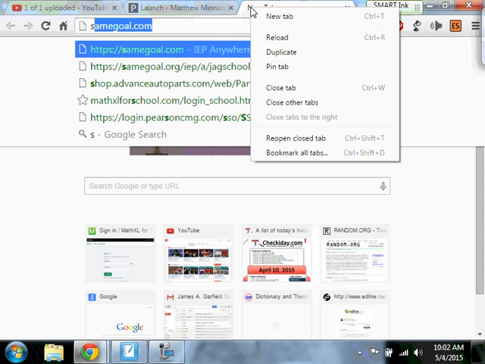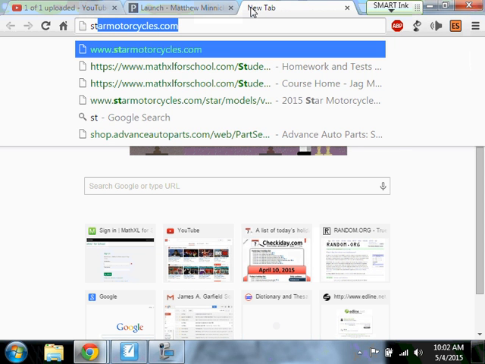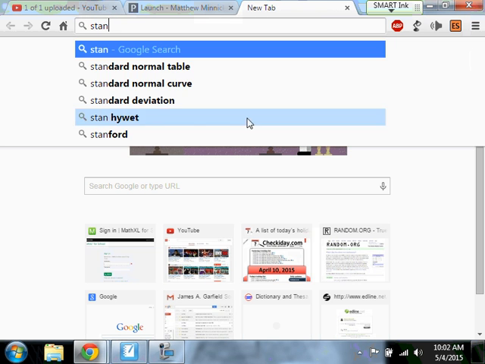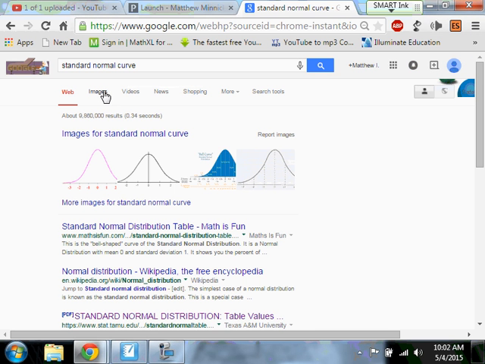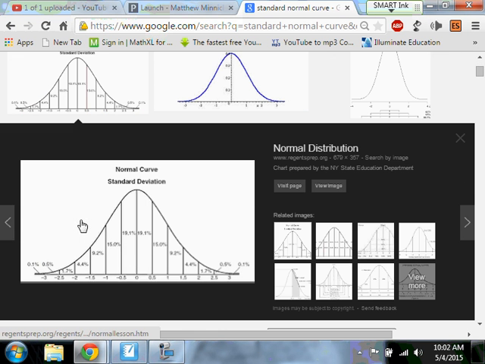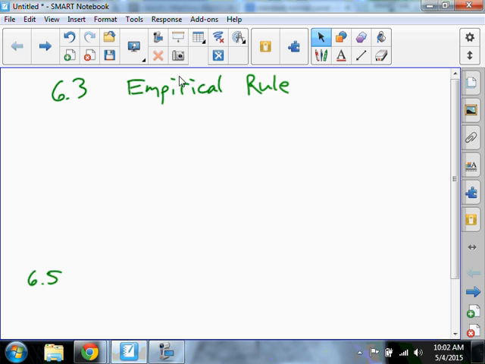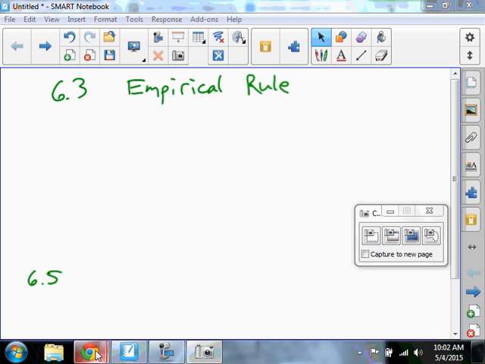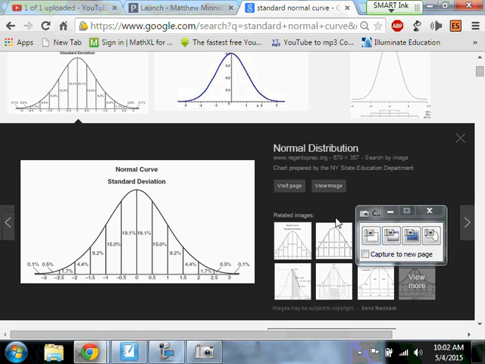Standard normal curve. Images. Go ahead and try to cut that out and take a look at that.